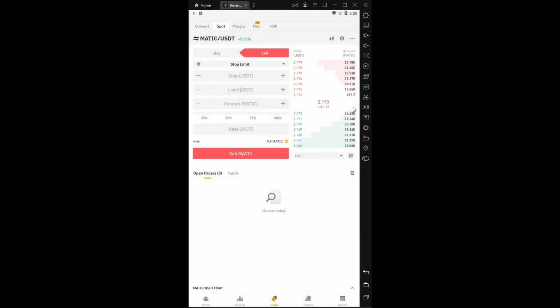Maybe you bought this coin at 2.17, and the coin has jumped up to, let's say, 2.20 now. You don't want to sell at a loss or lose a certain amount of money if there's a market dump. But you also don't want to sell outright because the market can still go up, and then you start blaming yourself: why did I sell this coin?